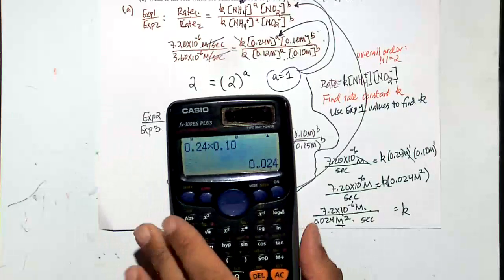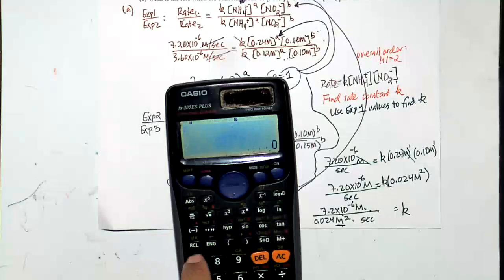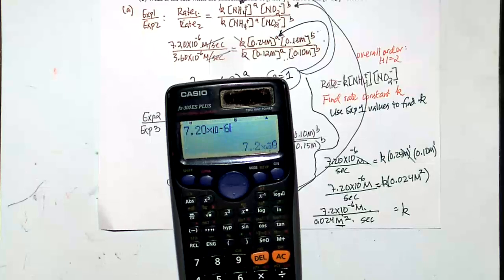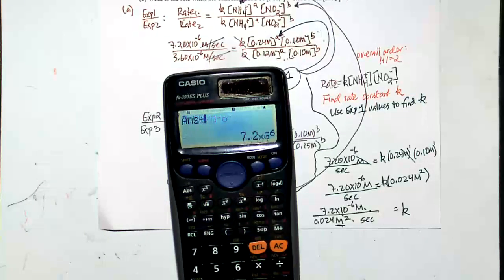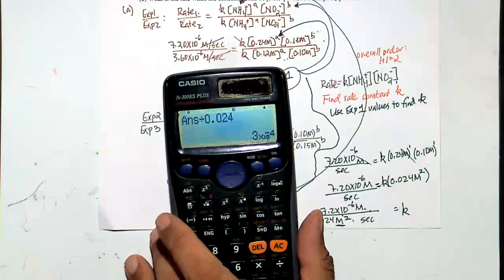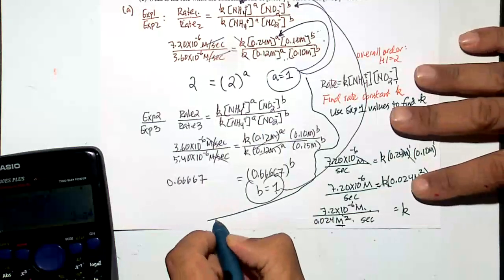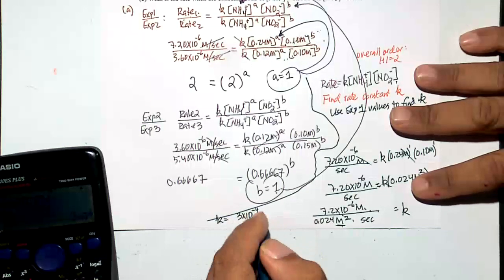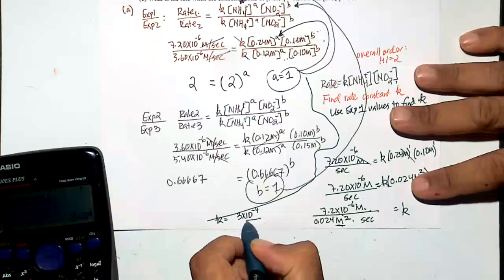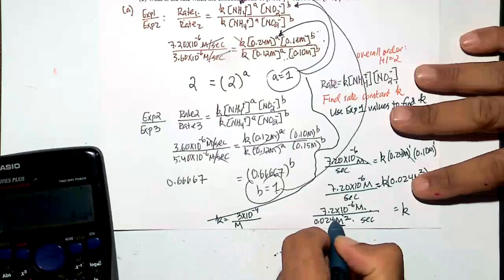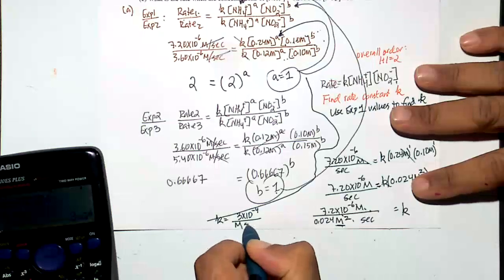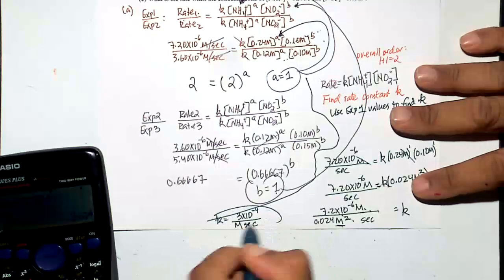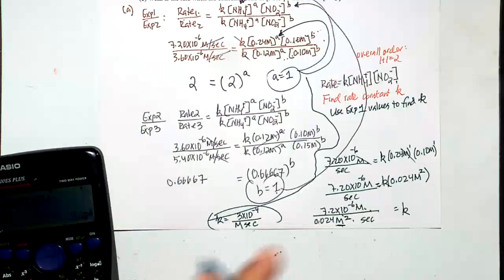So 7.20 times 10 to the minus 6 divided by 0.024 gives 3 times 10 to the minus 4. So k is equal to 3 times 10 to the minus 4, with molar, moles over liter, in the denominator, and seconds. So this is our answer.